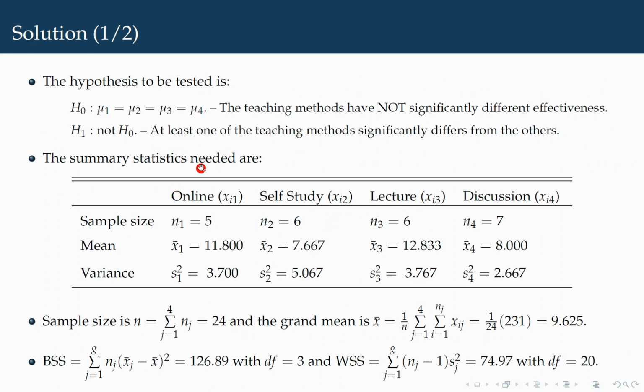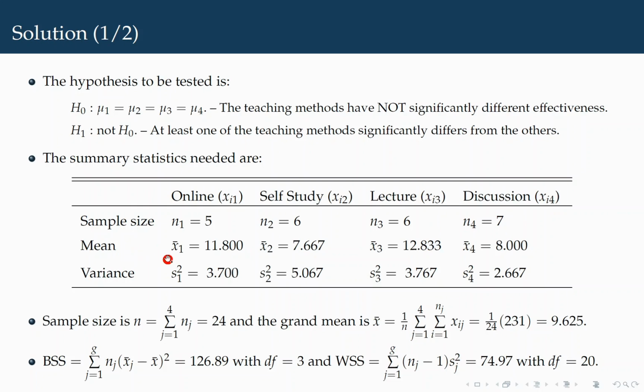So the summary statistics for these four teaching methods is the number of observations in the online method. We have 5, in the self-study 6, in the lecture 6, and the discussion 7. We can also calculate the sample mean of each group.